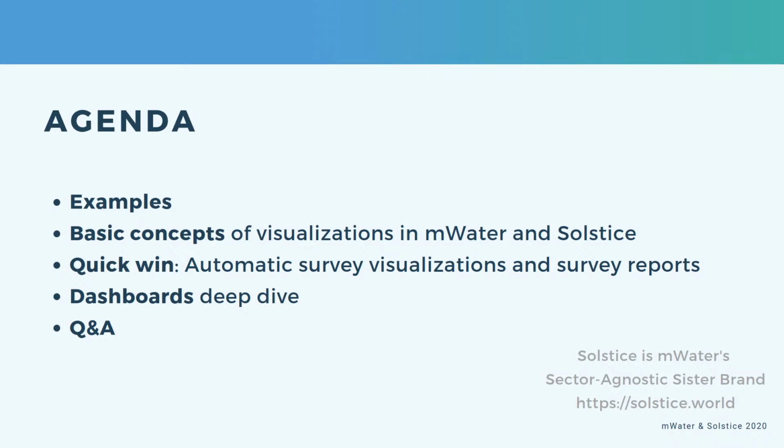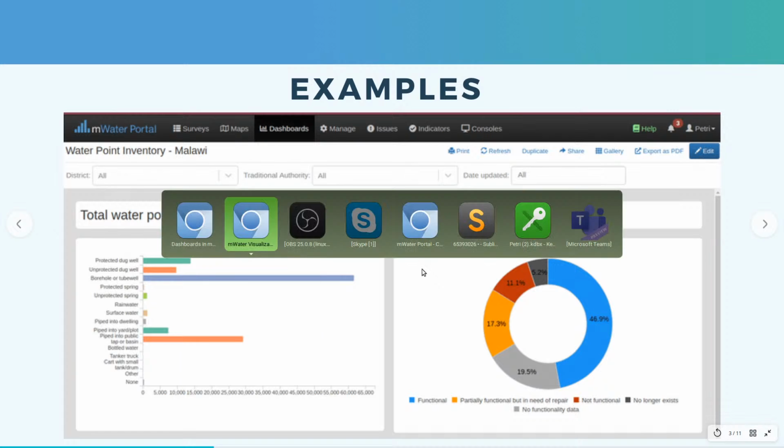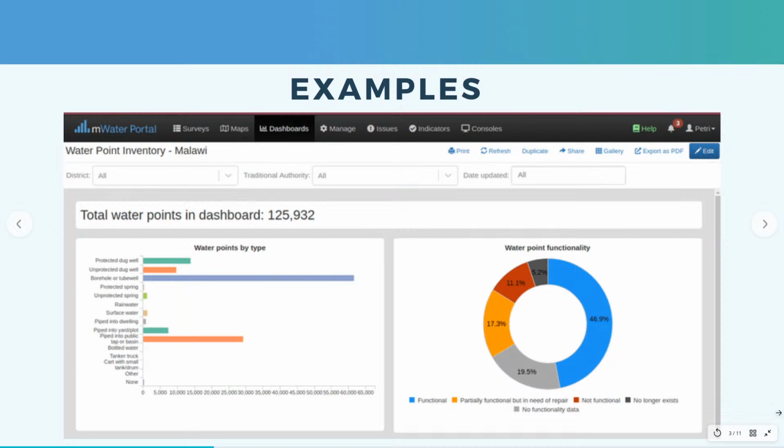So for all of those who wanted to look at their analysis and visuals even more broadly, keep Solstice in mind. But without further ado, let's jump into some examples of visualizations in mWater.